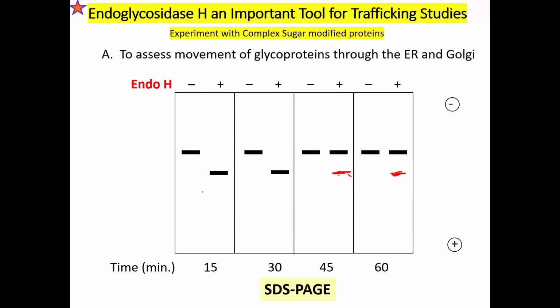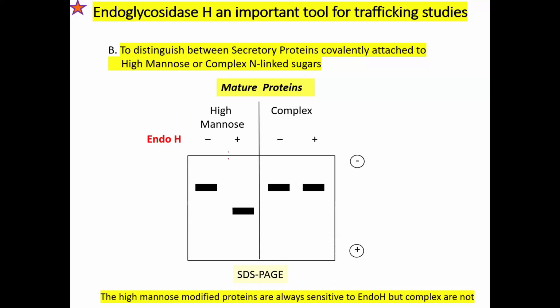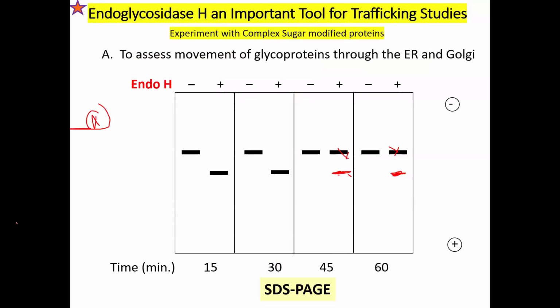So if you have a panel like this without these pictures, and we ask you to tell me when it passed the medial Golgi, suppose I give you this experiment. This is your A protein, this is your B protein. And then for the A and the B protein, I give you this panel. The B protein looks like this, and the A protein looks like this, and I am asking you when it passed the medial Golgi.